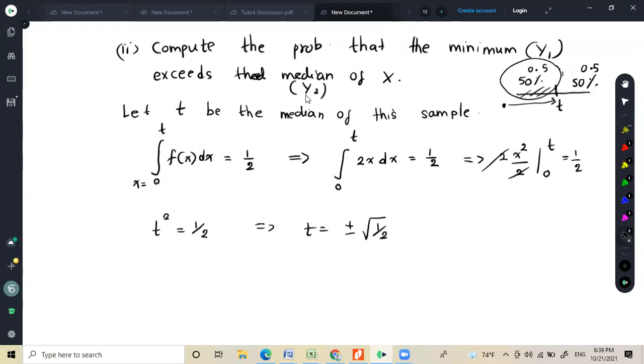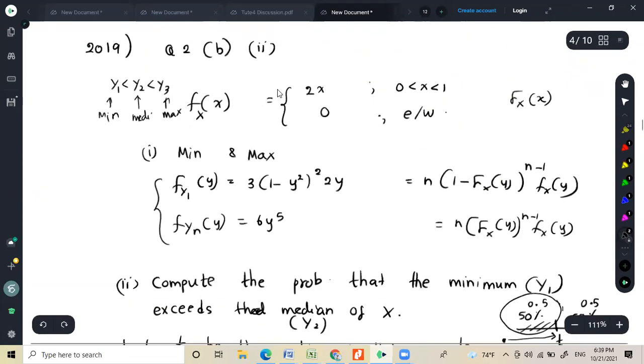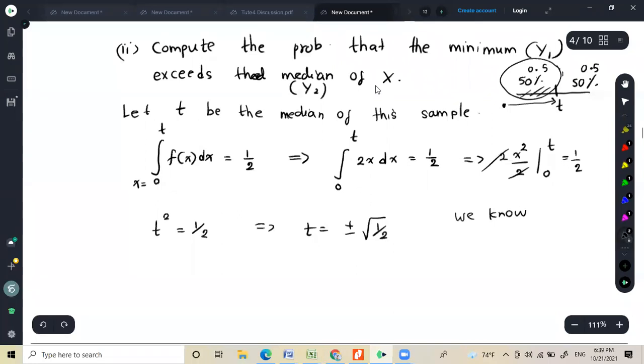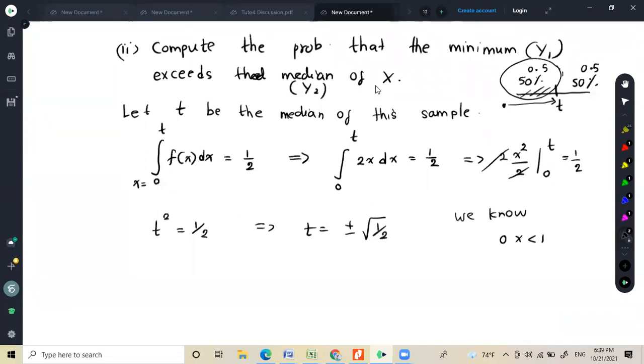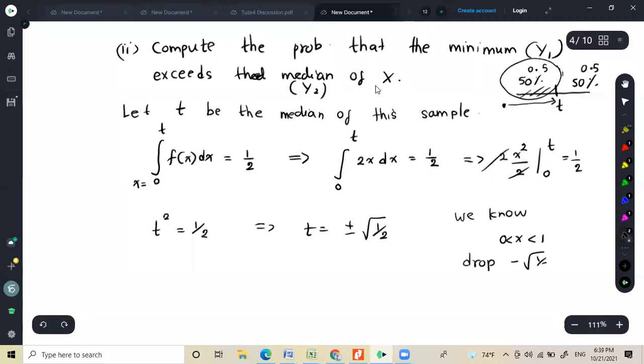Now, what do you know about x? Now, t is what? T is the median of this random sample. But we know that the support of x is from where to where? Support of x is from 0 to 1. Therefore, you don't have the negative sign. You can drop the negative. Therefore, t becomes simply the positive square root of 1/2.